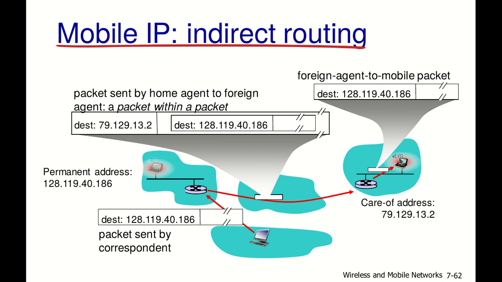Up to this point it is the same as before, and when the mobile agent wants to send a reply back to the correspondent, we can use the same mechanism as before. The only thing we haven't discussed before is the encapsulation mechanism used by the home agent when forwarding the packet from the correspondent to the foreign agent.